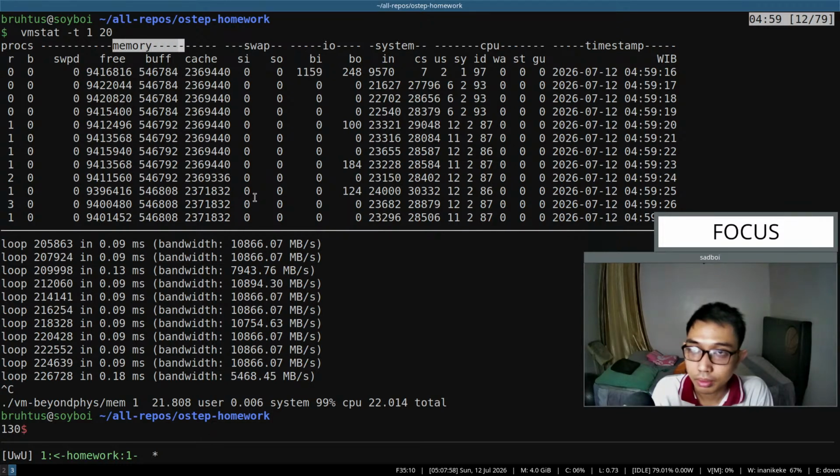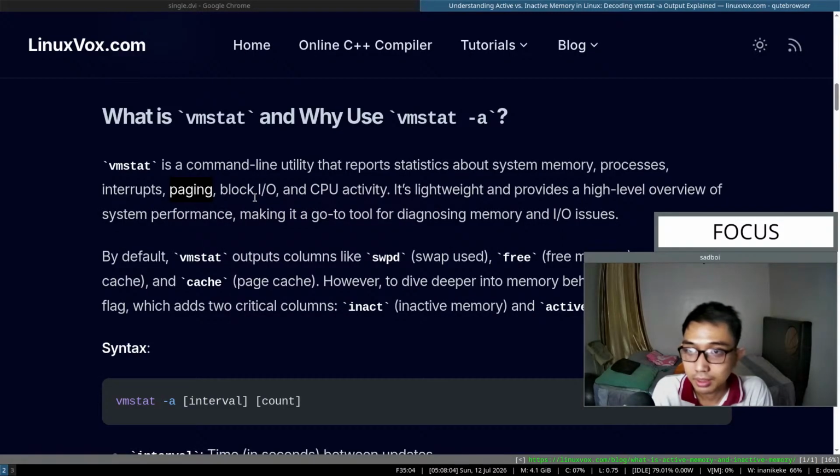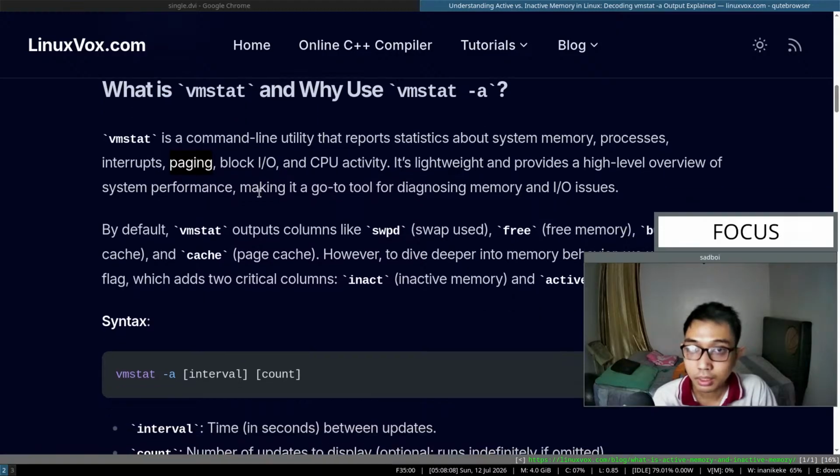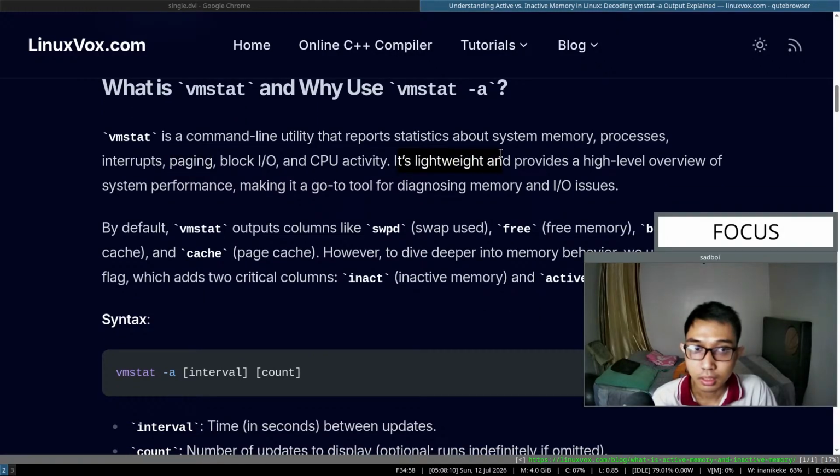But yeah, I am not sure. It's lightweight and provides a high-level overview of system performance, making it a go-to tool for diagnosing memory and input-output issues.